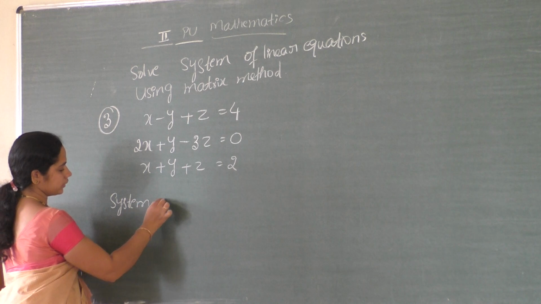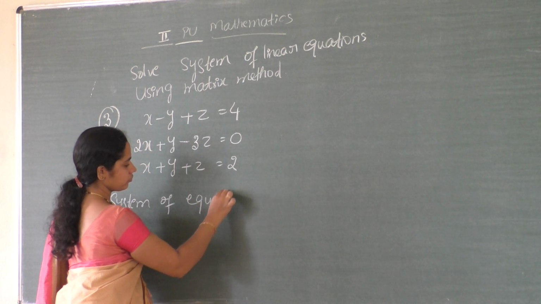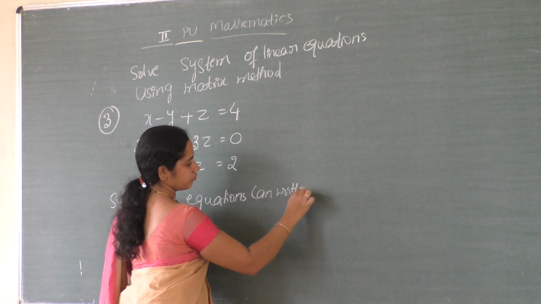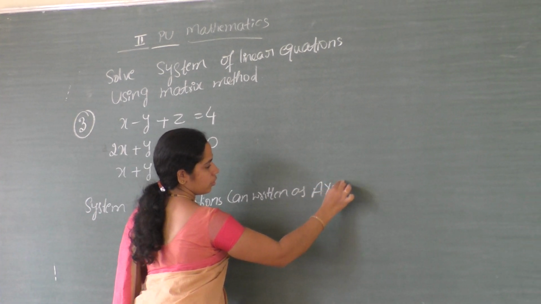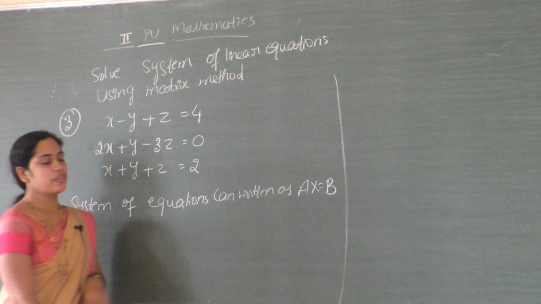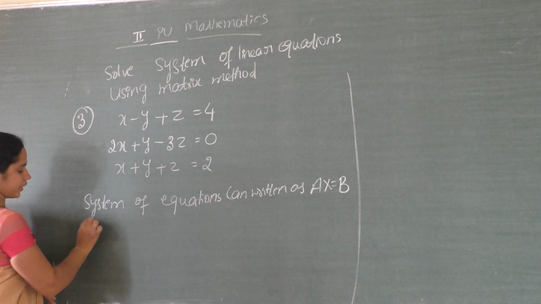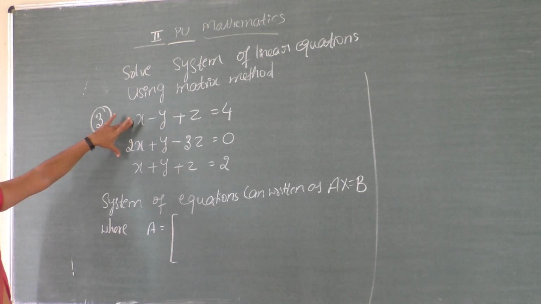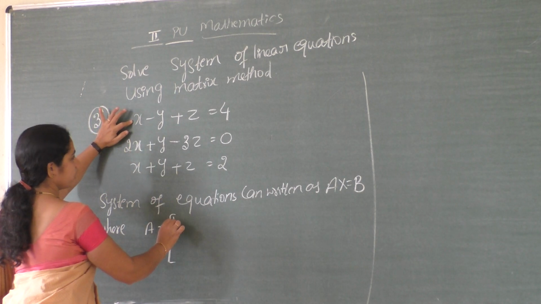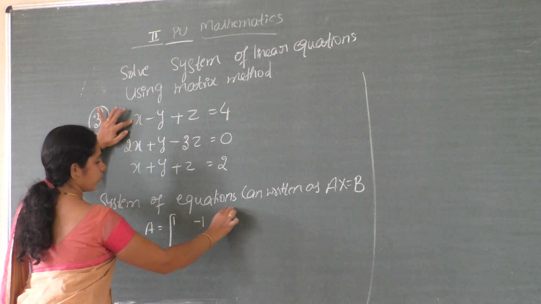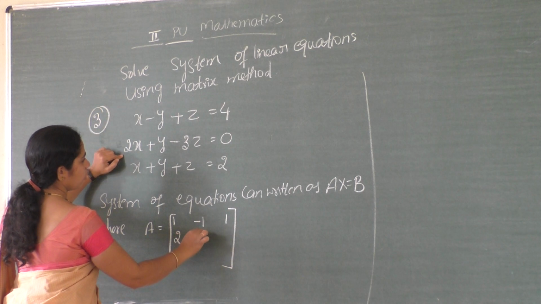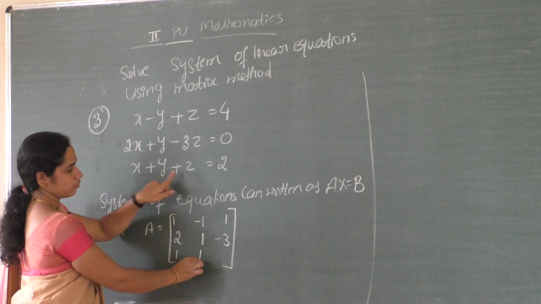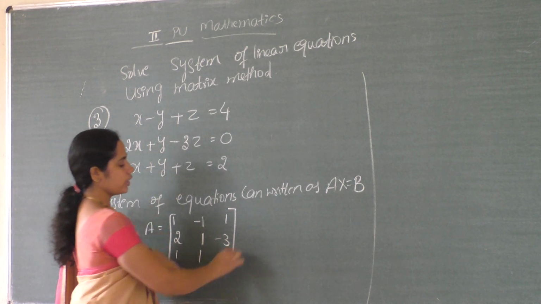The system of equations can be written in the form of Ax equal to b, where A is a 3 cross 3 matrix: 1, -1, 1; 2, 1, -3; 1, 1, 1.